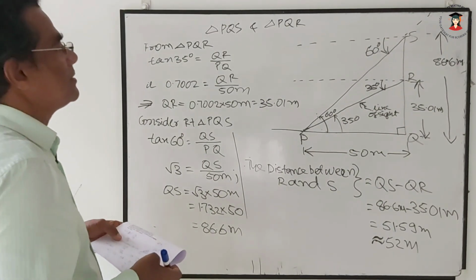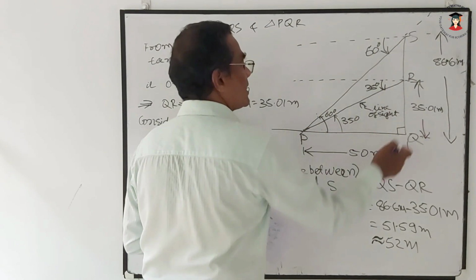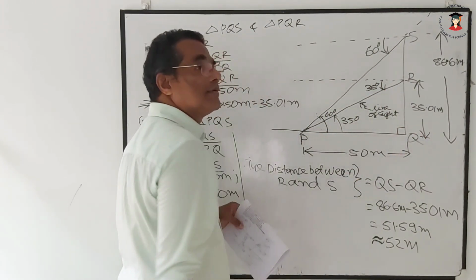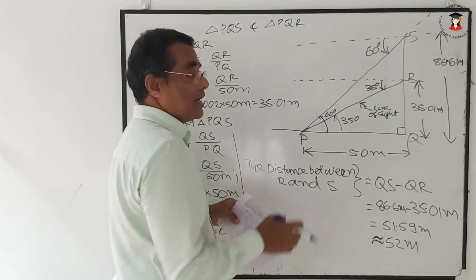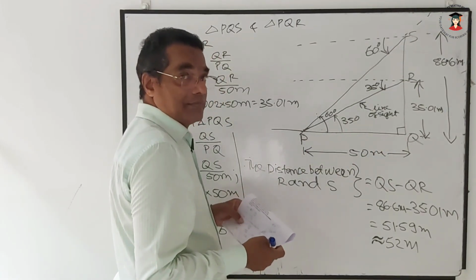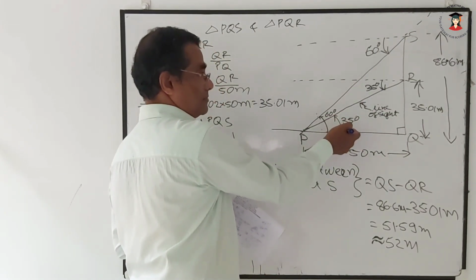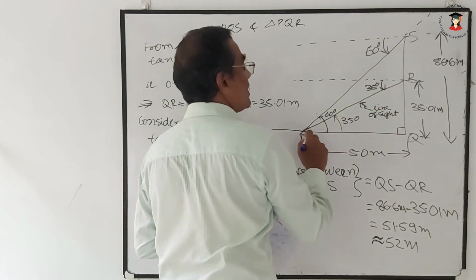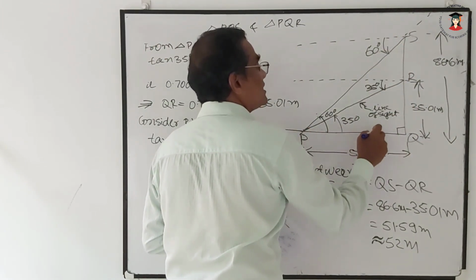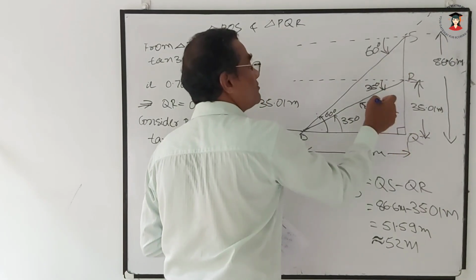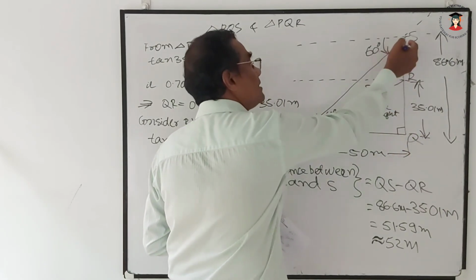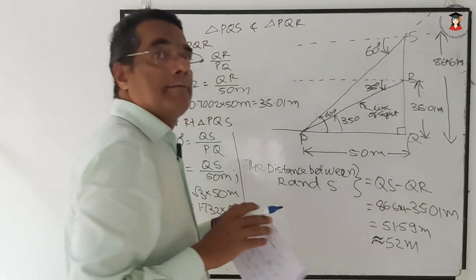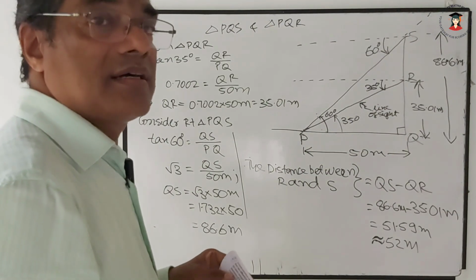So here we had two triangles, and both the triangles have the same horizontal distance as base. Using the horizontal distance, we found out the vertical height of this triangle. Again, we found out the vertical height of the other triangle. Then we made a subtraction to get the required answer.